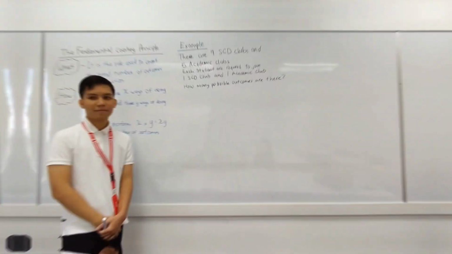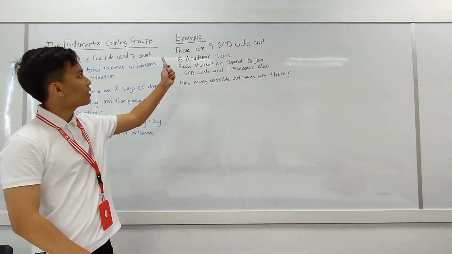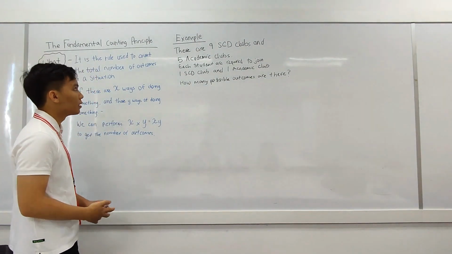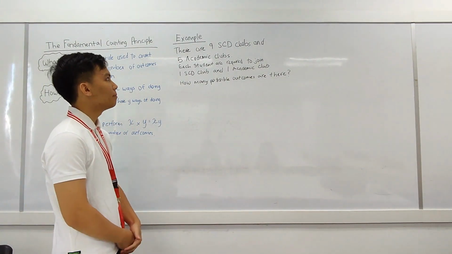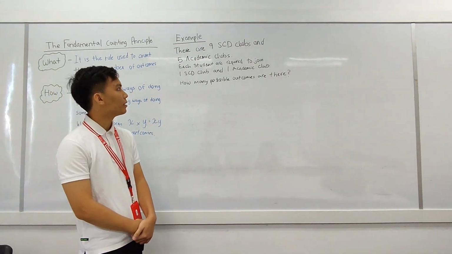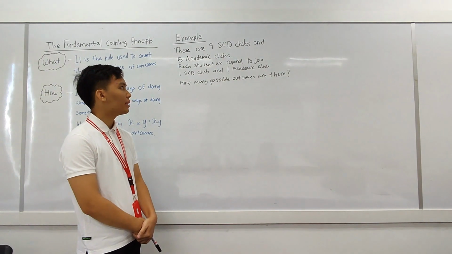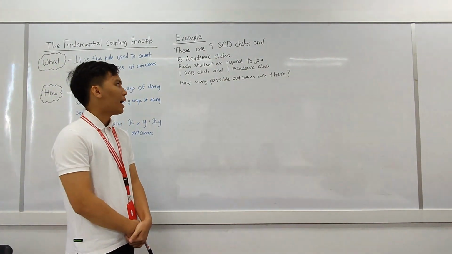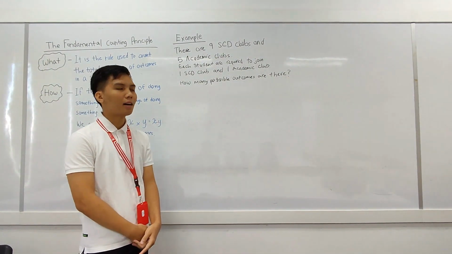Okay, so let's start with the second example. There are 9 SCD clubs and 5 academic clubs. Each student is required to join 1 SCD club and 1 academic club. So how many possible outcomes are there?